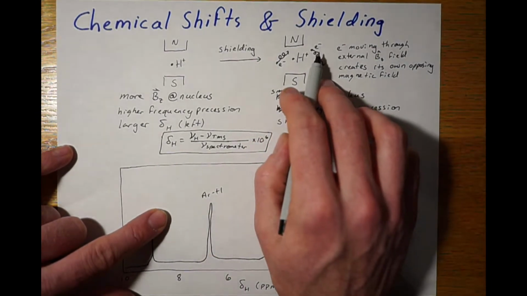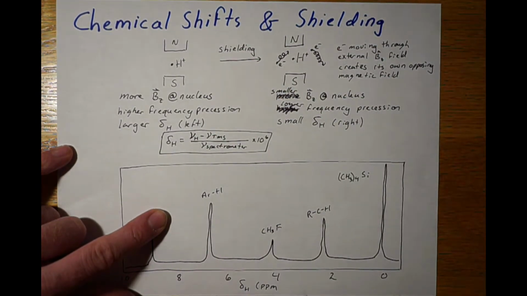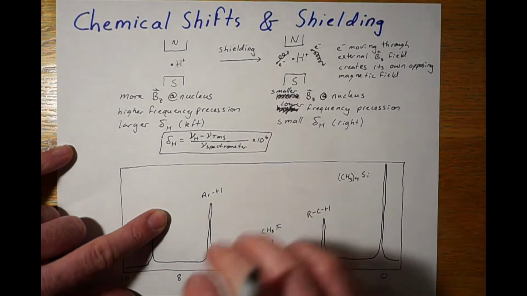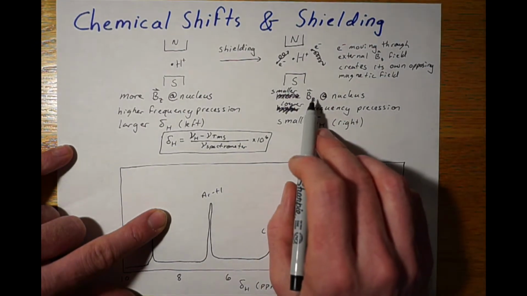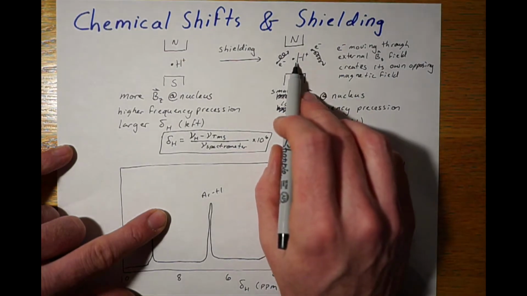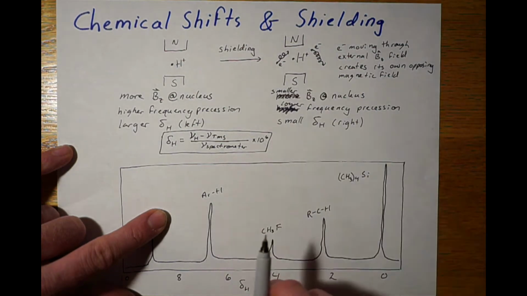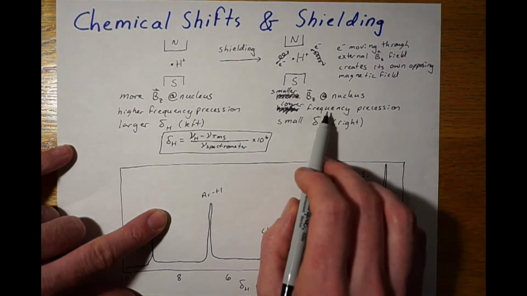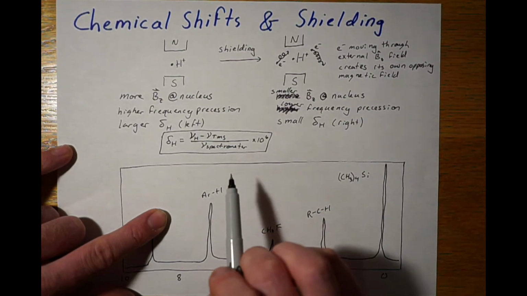So these electrons create their own opposing magnetic field. So in the case where we have more electrons around, we will have a smaller magnetic field experienced at that proton because of the shielding by those electrons. This will lead to a lower frequency precession and a smaller chemical shift, which by convention is to the right.